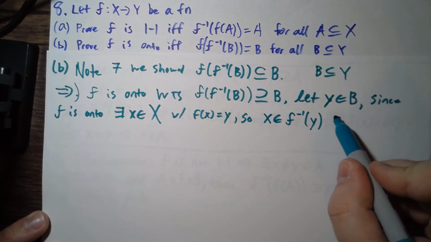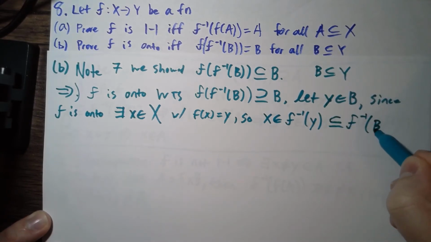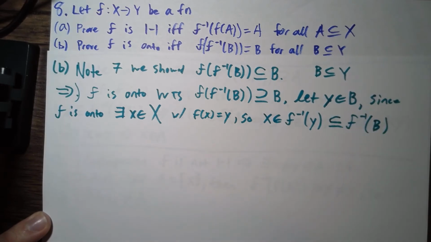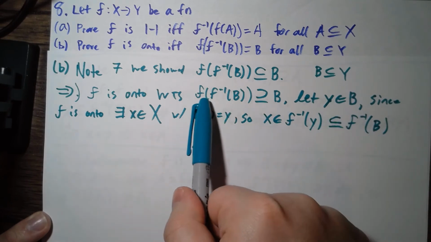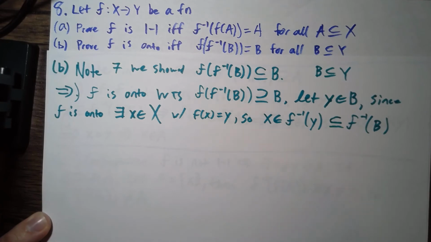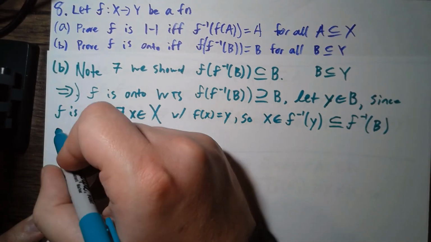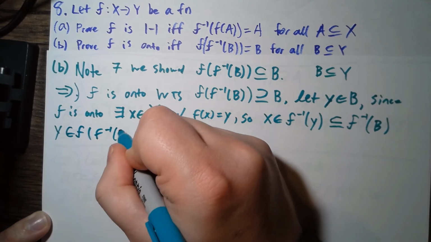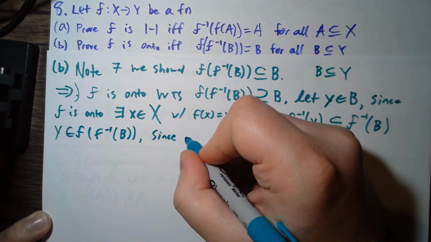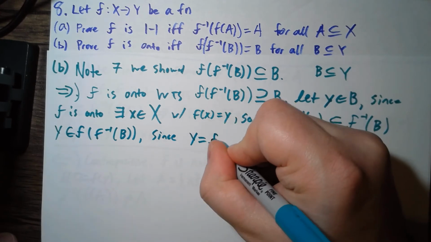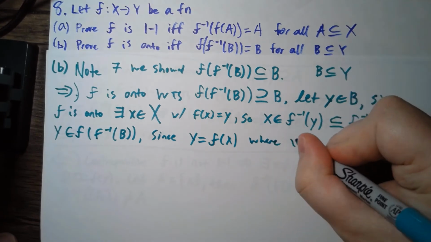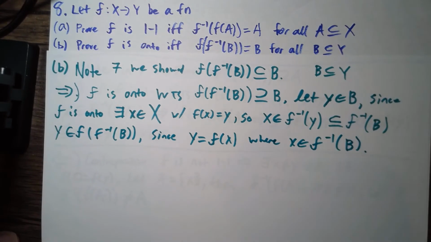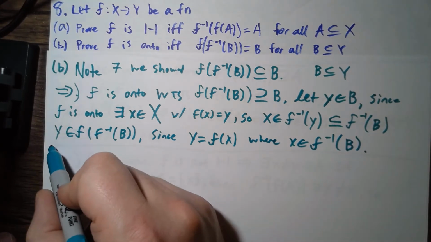And this is, of course, a subset of the preimage of B, because y is contained in B. So y is some element of B, and we want to show that it is an element of f of f inverse of B. That's exactly what we get, because y is in f of f inverse of B, since y is equal to f of x, where x is in the inverse image of B. And so that proves the forward direction.